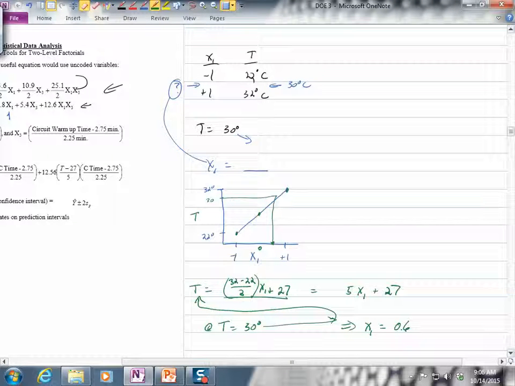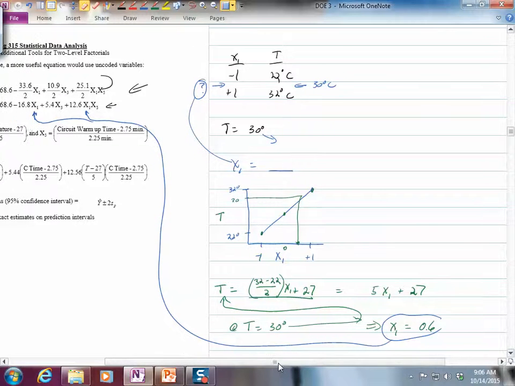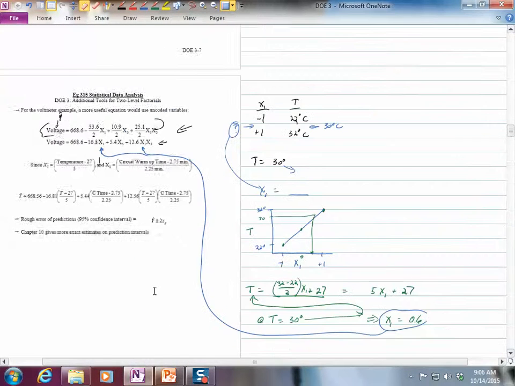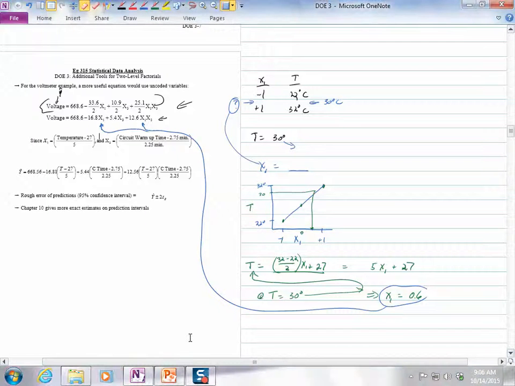So we would put 0.6 in our model for x1, and then have to figure out some setting for x3, and we could predict a value for the voltage at 30 degrees Celsius.